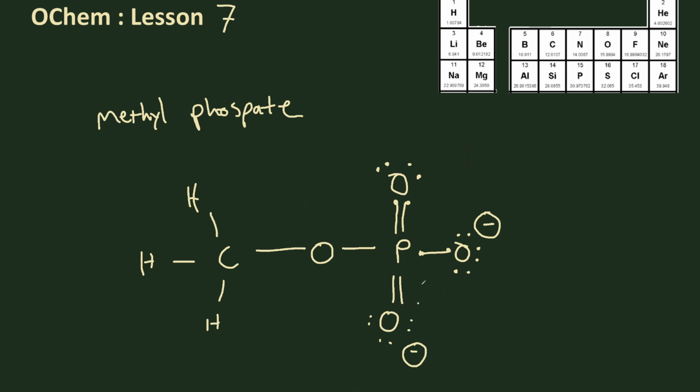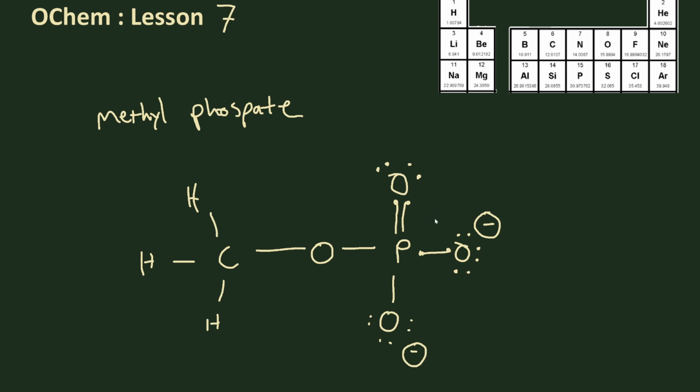You could have drawn the double bond here, you could have drawn the double bond here, but ultimately what you're going to find is that for these oxygens to complete their octet, they have to have an extra electron, and that this -2 configuration for the entirety of this molecule is going to live over here on the phosphate side of things. Carbon doesn't have room for that. Phosphorus is big enough, and he's being pulled in all four directions by oxygens enough to where there's a little gap space for these last two electrons to fit in.